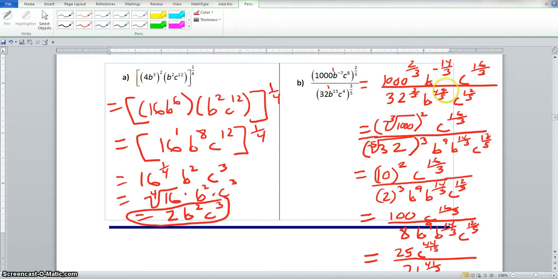And 45 over 5 is 9. This is where we get the b to the 9th from. So we will have b to the 9th. We brought down this b to the negative 14/3 and made it a positive 14/3. And this c to the 12/5 stays in your denominator. Now the cube root of 1,000 is 10, and the 5th root of 32 is 2.